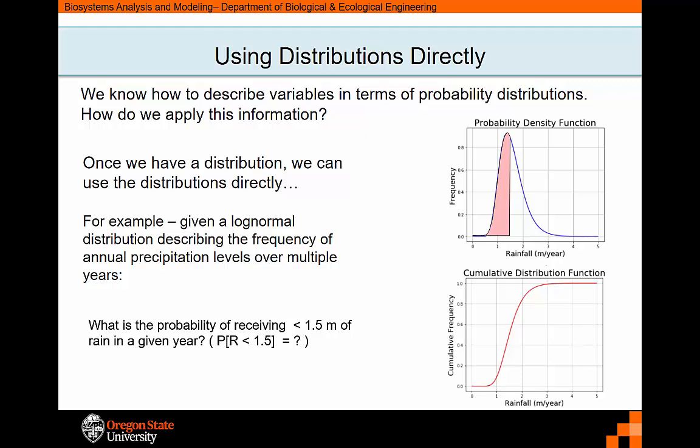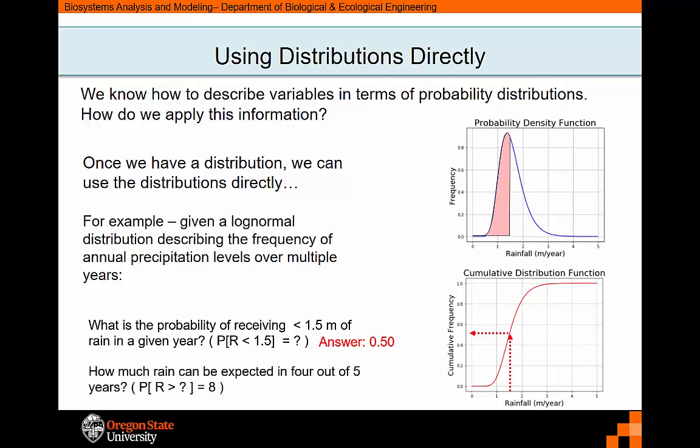Referring to the CDF shown in the lower right, we can answer this by finding the cumulative probability values for a given rainfall level, which in this case yields an answer of 0.5, meaning there is a 50% chance that in any given year we will observe less than 1.5 meters of rainfall.